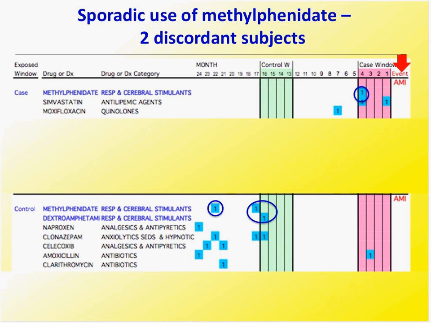And I just want to finish the final point of a bunch of these slides, which is that here's what you'd like to see in a case crossover analysis. Somebody exposed during the case window, unambiguously exposed, and here's a control who's unambiguously exposed in the control window.